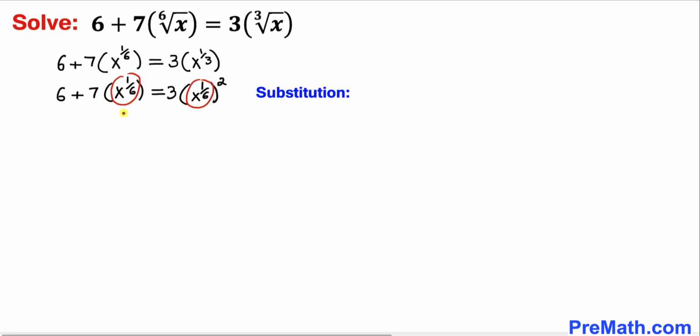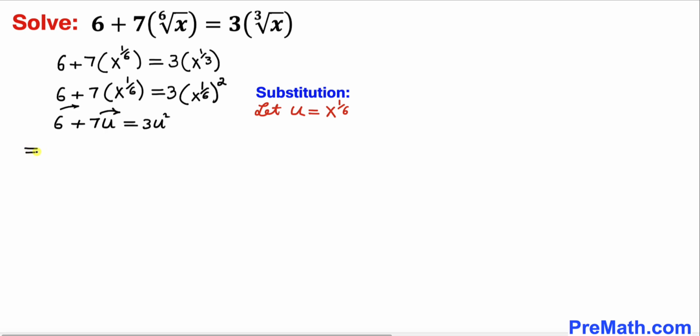To make our job easier, let me call this part u and this one u as well. So we let u equal x power 1 over 6. Therefore this equation could be written as 6 plus 7 times u equals 3u squared.